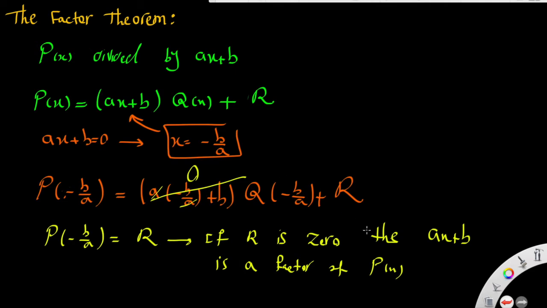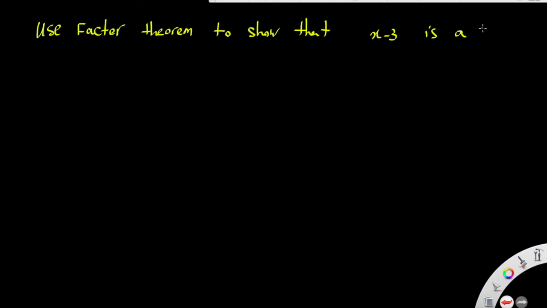Now let's see an example in this regard. Use the factor theorem to show that x minus 3 is a factor of x cubed plus 2x squared minus 16x plus 3.